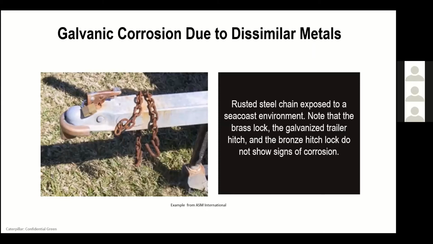The anode is essentially the rusted steel chain, and you can use this to your advantage. Here you're showing a bunch of dissimilar metals, and this is zinc or galvanized. Electron flow and oxidation are occurring at the anode, and that's where the chain is. So the flow of electrons is causing the corrosion.